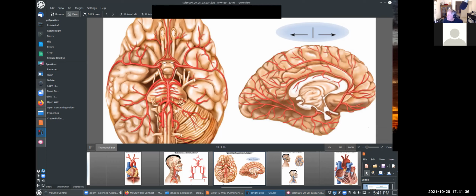It comes off right here, and if you follow it, it really runs to the posterior lobe. So anterior, middle, posterior, and then basilar, and then these two arteries here that form the basilar are what?